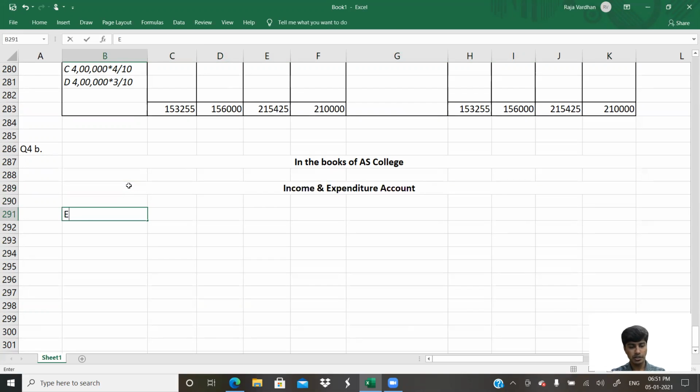We'll have expenditure side. Then we'll have amounts.